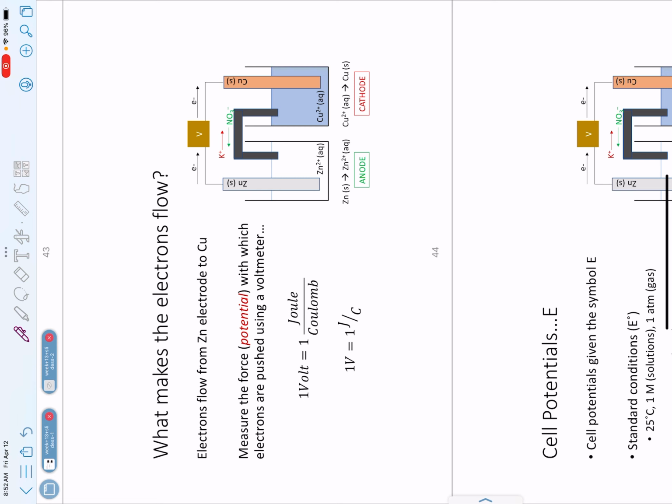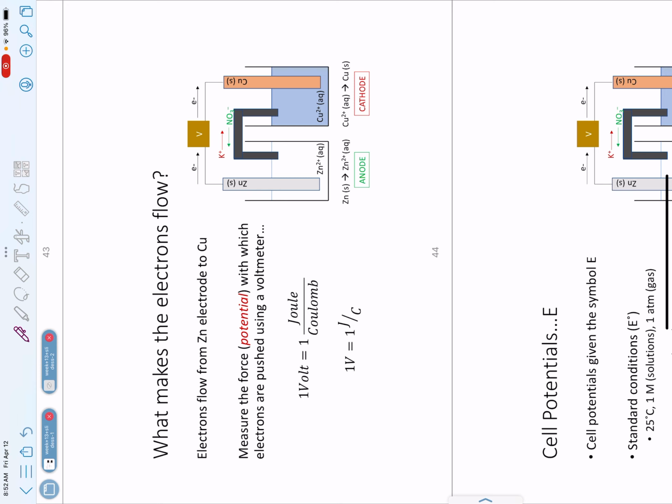Right? So this is all going to start to fit together at some point as we do a little bit more with potentials, that idea of the force that we have pushing our electrons back and forth, and we measure potential in volts. Right? A volt is nothing more than a joule per unit of charge. In this case, remember, a coulomb is the fundamental unit of electrical charge based on electrons.